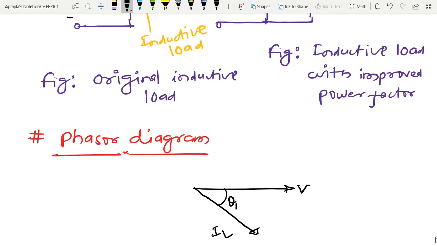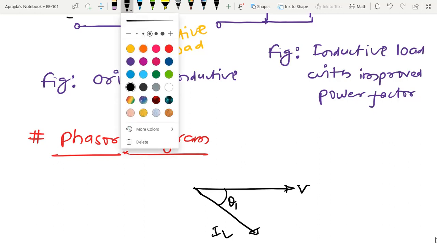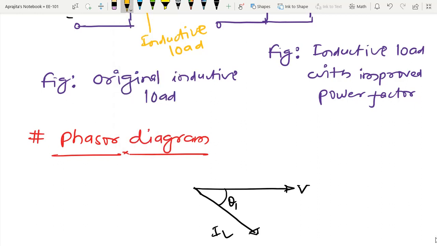Now suppose I add a pure capacitor, so the phase difference of this capacitor current with respect to this voltage is this. So this is nothing but IC.